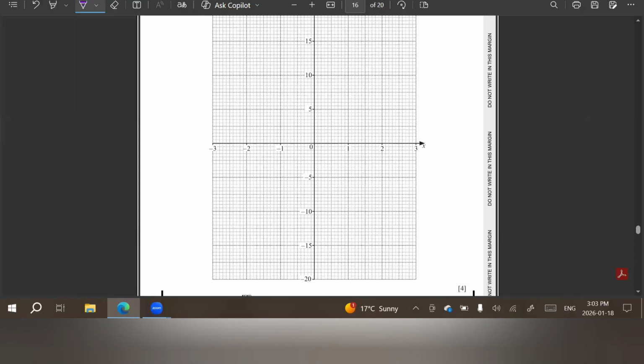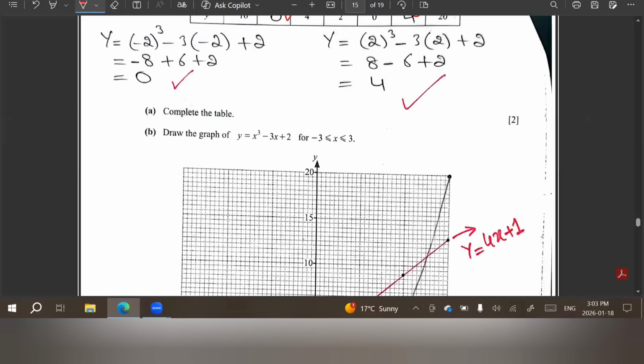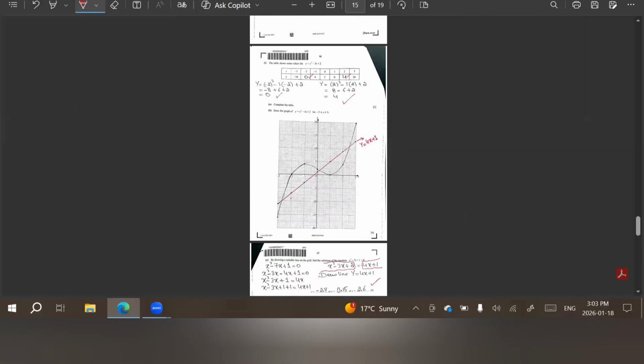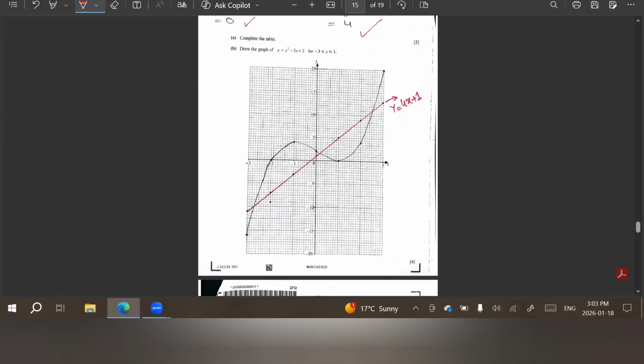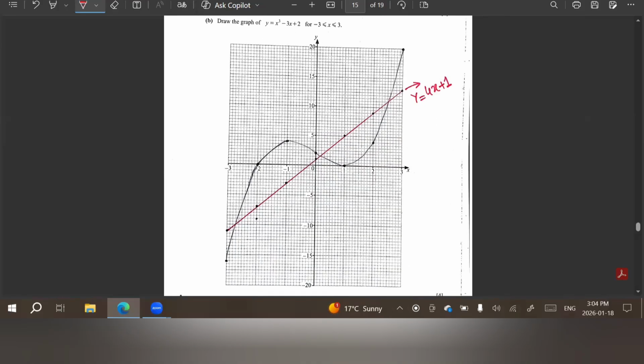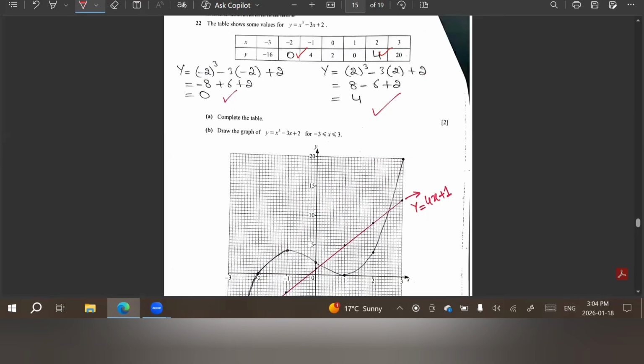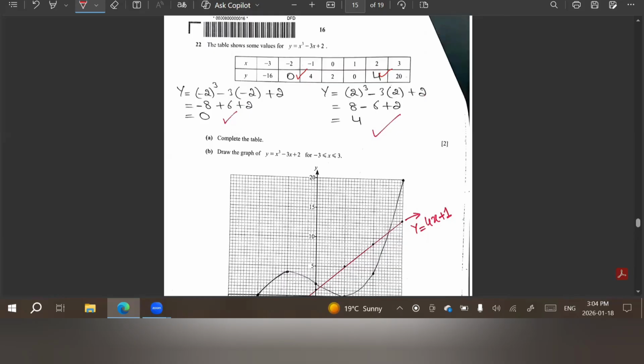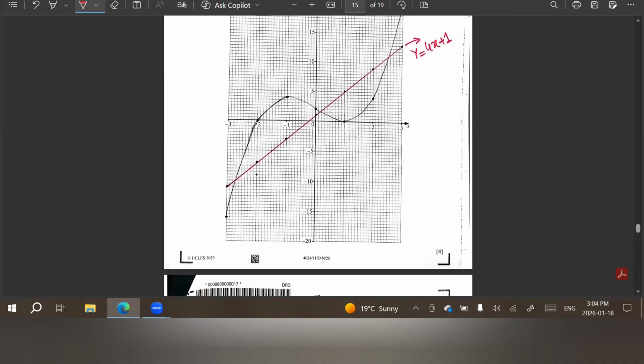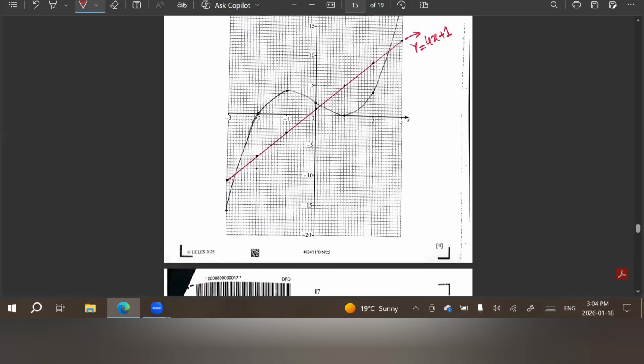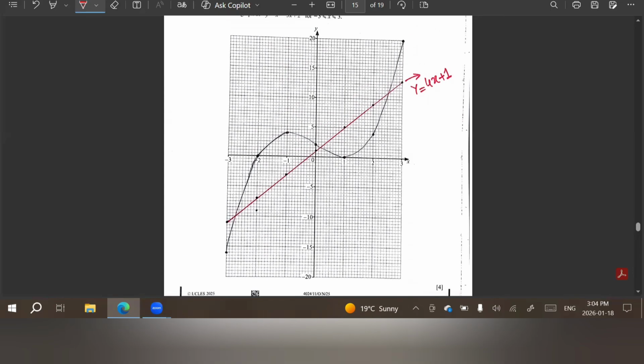You can see I have plotted these points: minus 3 comma minus 16, minus 2 comma 0, minus 1 comma 4, 0 comma 2, 1 comma 0, 2 comma 4, and 3 comma 20. You can see I plotted here, here, here, here, here, here, and here. Then I joined them, trying to make a smooth curve. And this black graph which you can see, that is that graph. I hope you understand this.